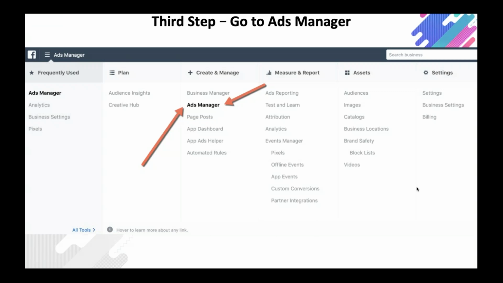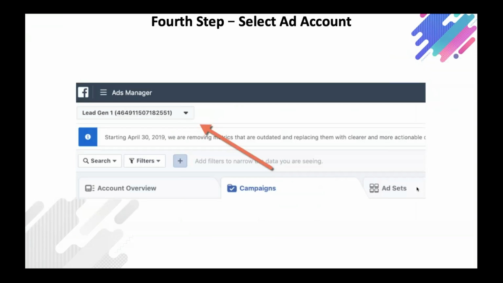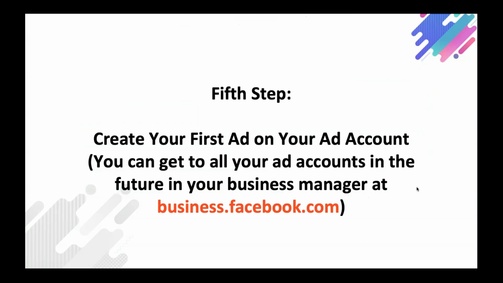Then you click on Ads Manager, and you'd go to something like this right here where you just pick the ad account that you're working on. If you just made this, you'd probably only have one ad account. If you had a bunch of them, you'll see a drop down on the top left right there. So you just pick the ad account that you want to start with, and then that's how you start making the ads and so forth. And we'll jump into that in just a minute.